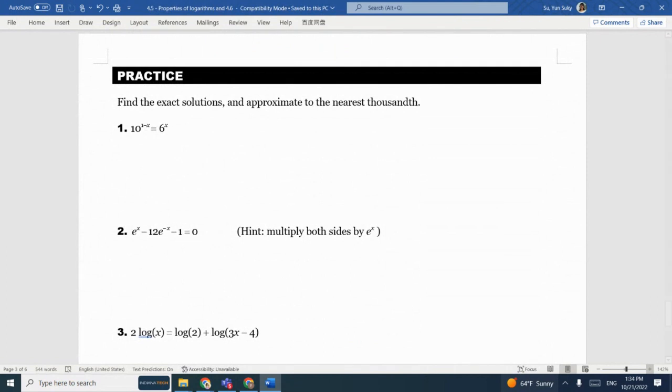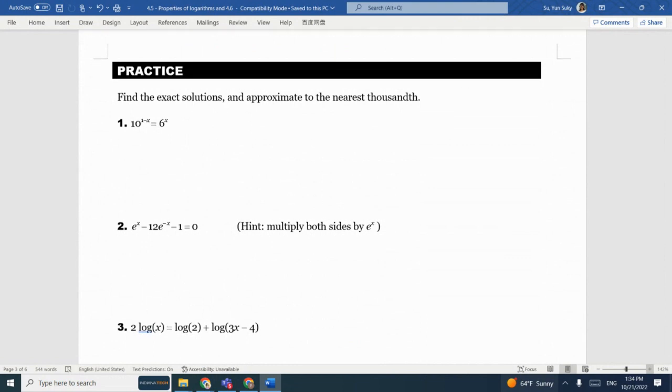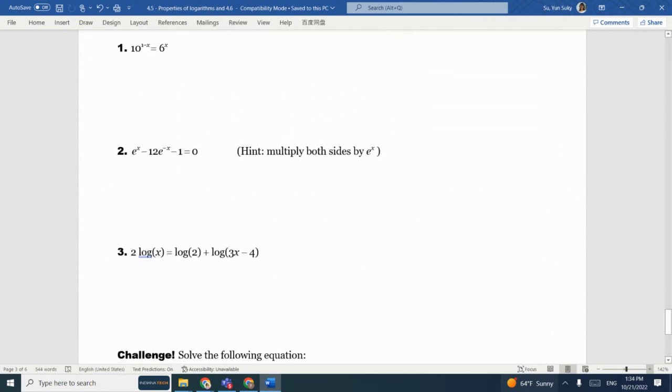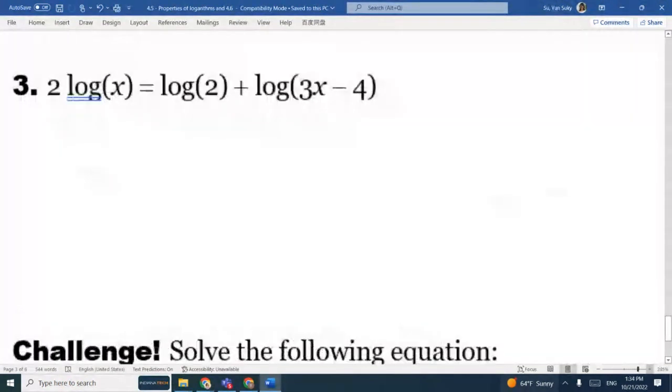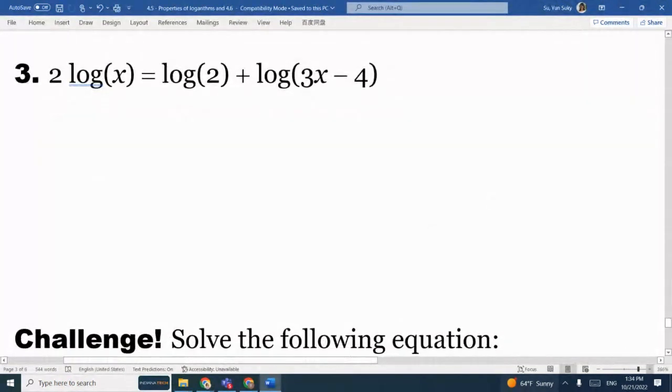So let's see. Okay. Right. Let's do number 3. Okay, please try number 3. We have 3 laws. Yeah? So what do we do? You want to combine them, so both sides have the same log. Then you can apply the exponential function to carry out the law.